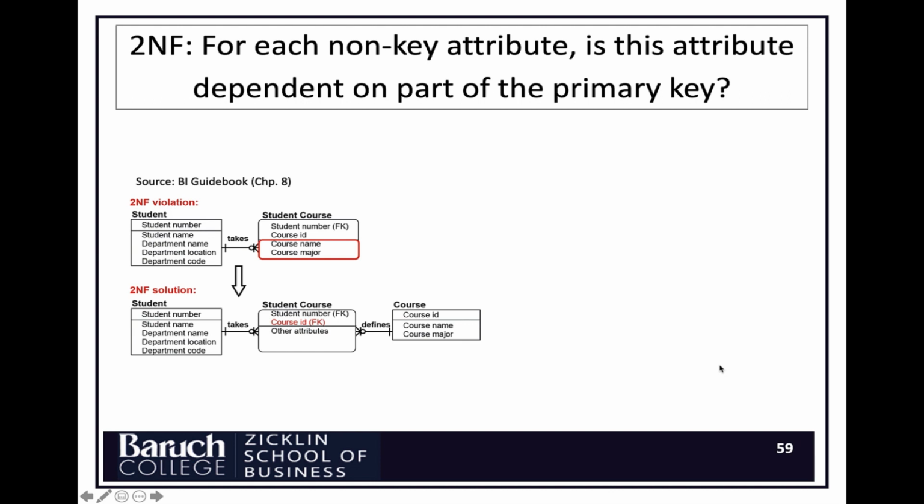And then we move to the second normal form. And the key question you need to answer is that we look at all the non-key attributes, and we want to have all these non-key attributes being dependent on the primary key of that entity. Again, go back to the example that we have. We have a student table. We have information about student.